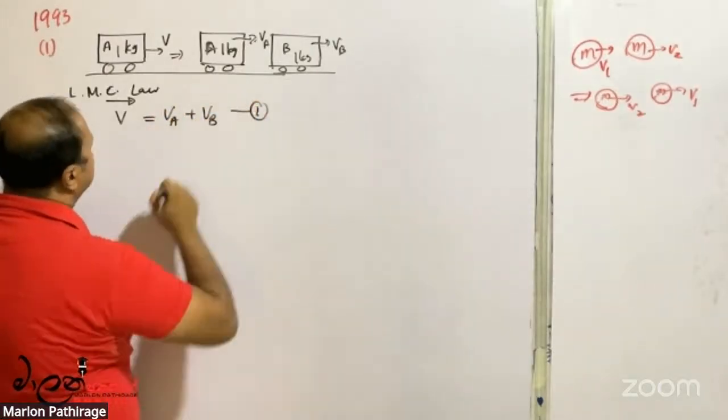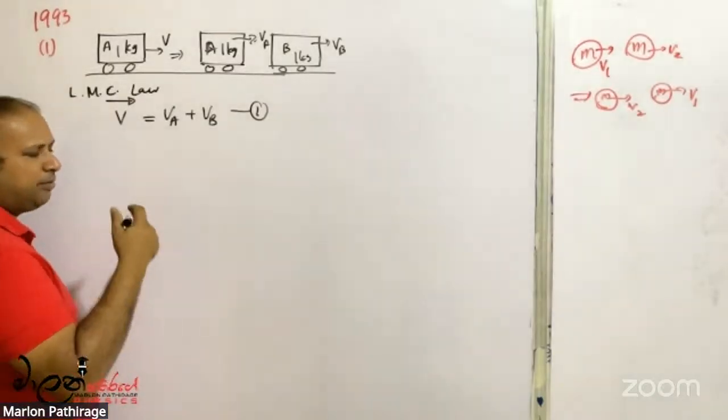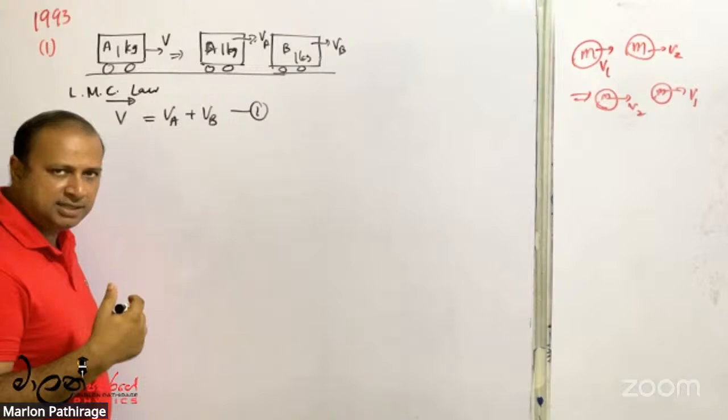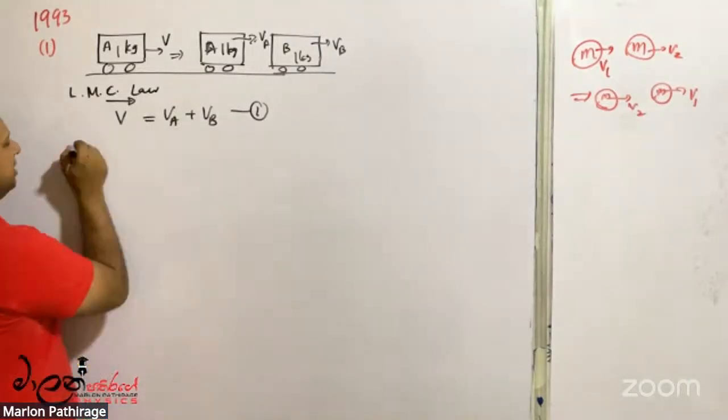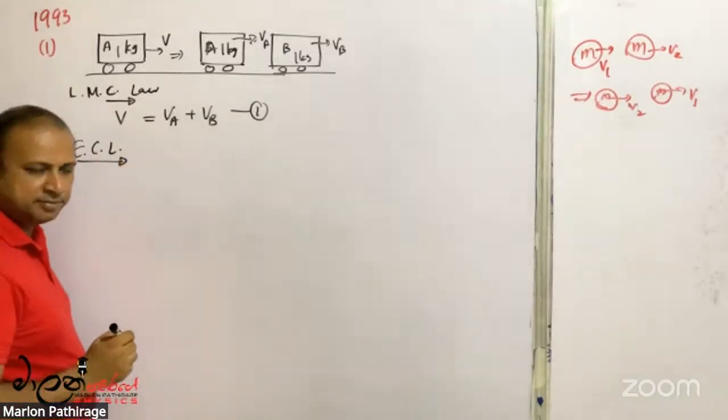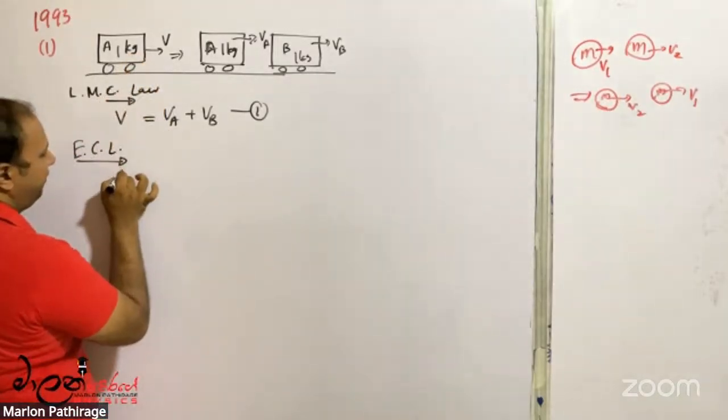This is number 1. Then we can apply energy conservation as it is an elastic collision. Applying the energy conservation law to this side, initial energy is half mv squared.